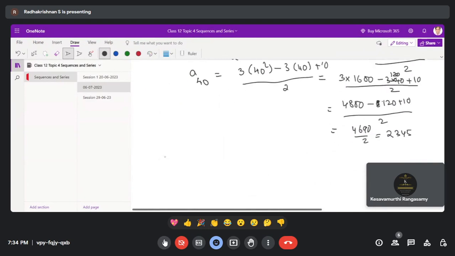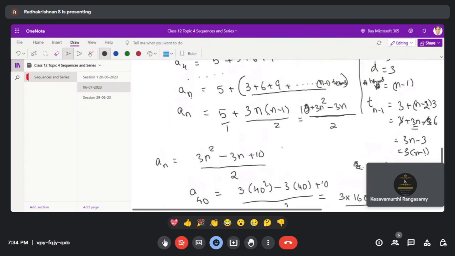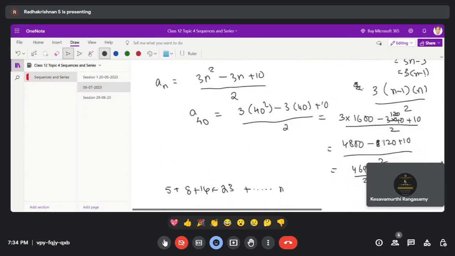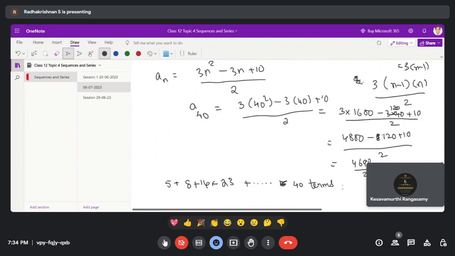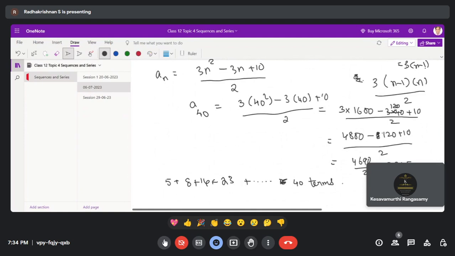So in this series that is given to us, up to 40 terms, right? So this 2345 will be the 40th term in this series.